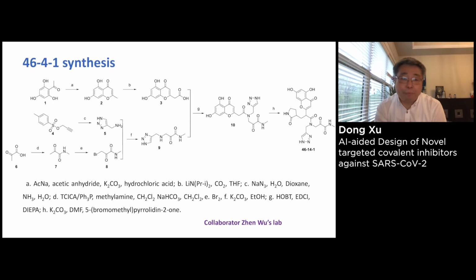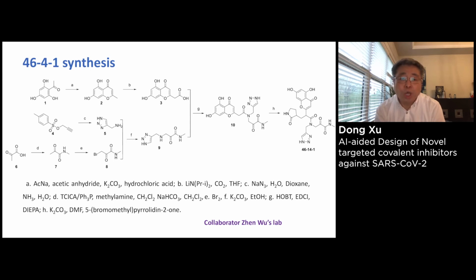So in summary, we developed this deep Q network method using this fragment-based approach for drug design. The method is novel and also effective. We use a dueling double DQN, which is cutting edge. We believe it's more effective than other machine learning frameworks.